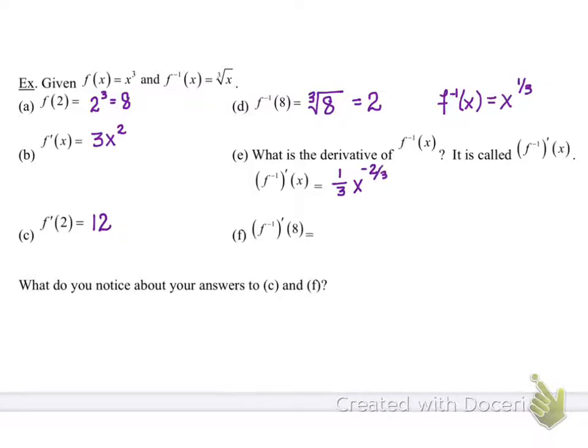We could rewrite that as 1 over 3 cube root of x squared. Whether you choose the expression on the left or the expression on the right is up to you. I do happen to prefer the expression on the left.